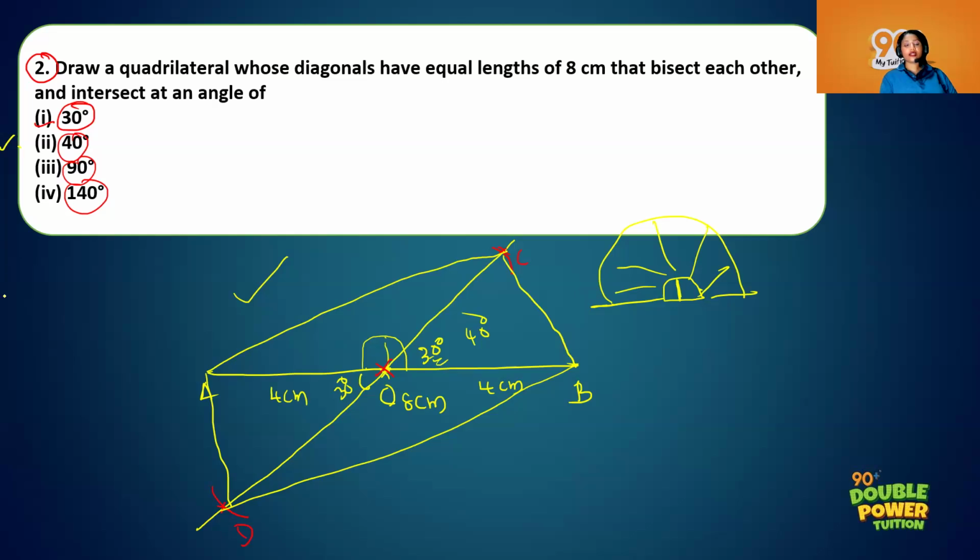Try to draw 90 degree now. So finish drawing 30 degree, 40 degree, then now try 90 degree. Albert, no, one minute. I didn't see your book yet.